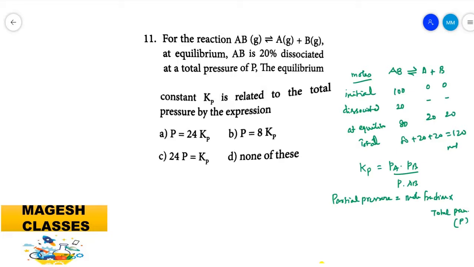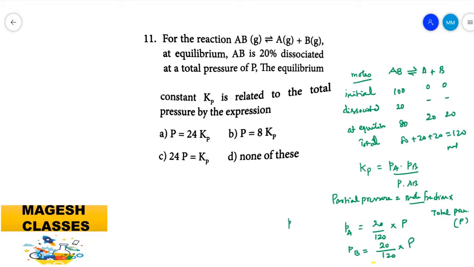So from the expression, the partial pressure of A is equal to the mole fraction of A, that is, number of moles 20 to the total moles 120, and the total pressure is P. And we can write partial pressure of B is equal to 20 divided by 120 into total pressure.